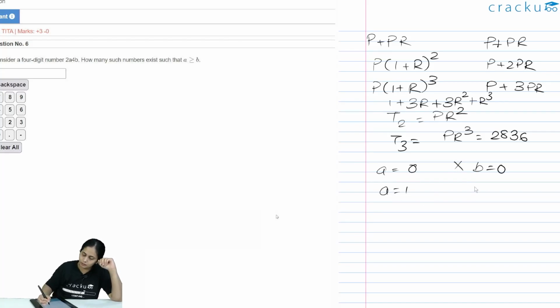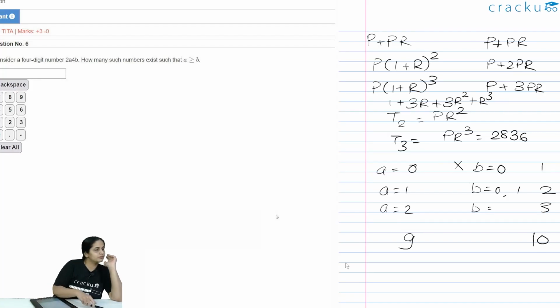A is equal to 1, B can be 0 and 1. A is equal to 2, B can be 0, 1, 2. This is 1 value, 2 values, 3 values, and so on. Then A is equal to 9, B can take 10 values. So this is 55.